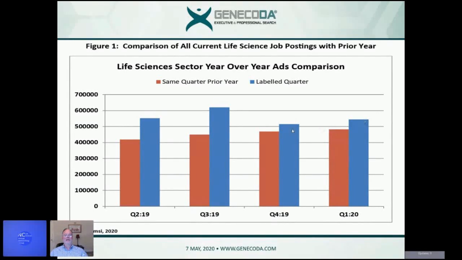So we can see that upward progression. That represented roughly a 5.5% increase on a quarter-over-quarter basis, and about a 13% year-over-year increase, going from blue to red here. We were pleasantly surprised to see a fairly robust first quarter of 2020, and that was our initial finding there.